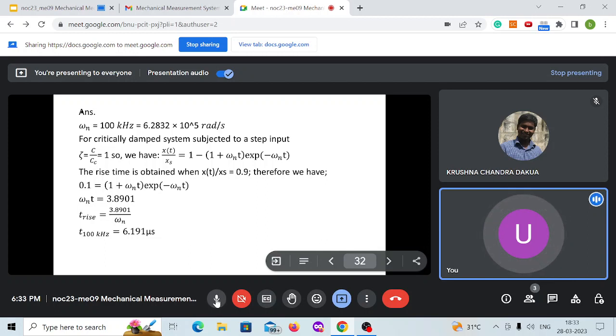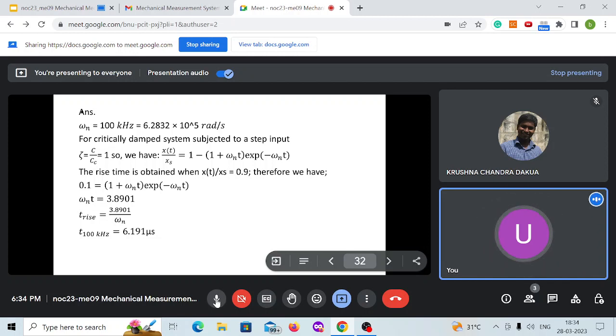So we also know that the ratio is 1 minus bracket 1 plus omega n t, where omega n is the natural frequency, into exponential raised to power minus omega n t. That is time constant, tau or t. And then the rise time is obtained when this ratio is 0.9, or the signal reaches 90% of it.